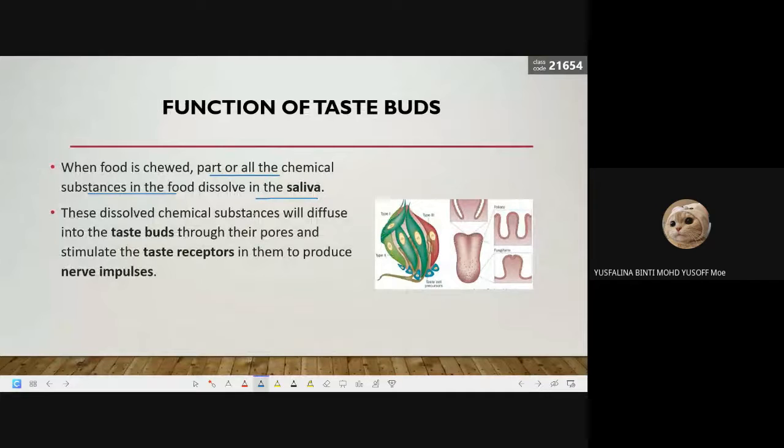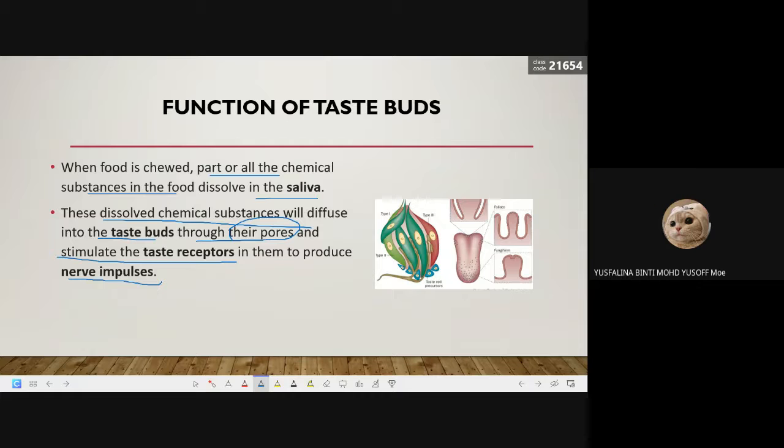Then this dissolved chemical substance will diffuse into the taste bud through their pores. So remember the pore that I mentioned just now. When it dissolves into the saliva, it is already called a chemical substance. This chemical substance will diffuse into the taste bud through their pores and stimulate the taste receptor to produce the nerve impulse.